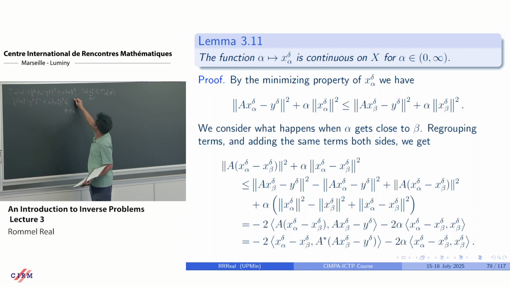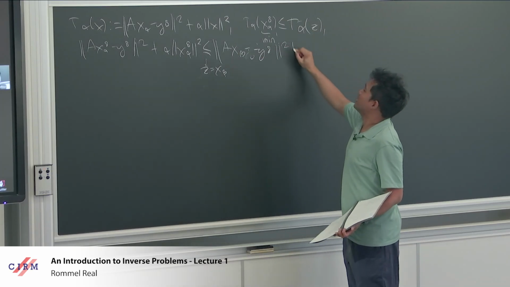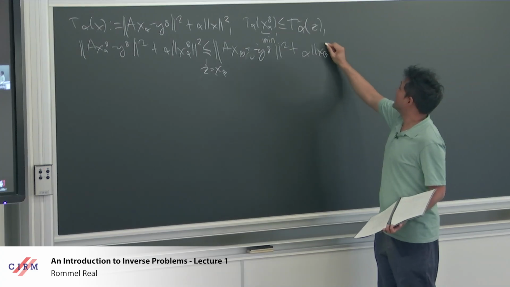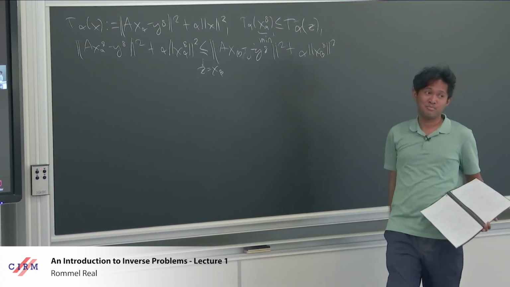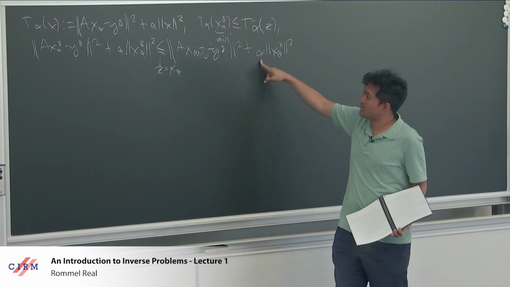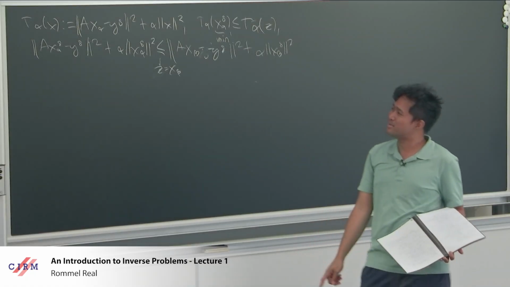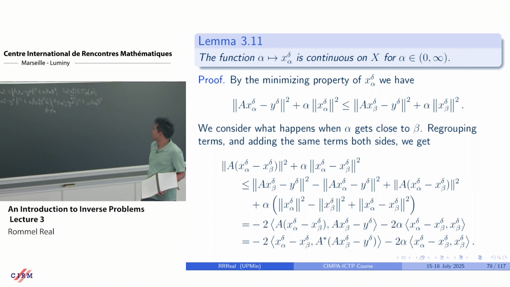So that is equal to the norm squared of A x sub beta minus y delta plus alpha times the norm squared of x sub beta delta. Note we put alpha here, not beta, because we're using the minimization property of x sub alpha of delta.